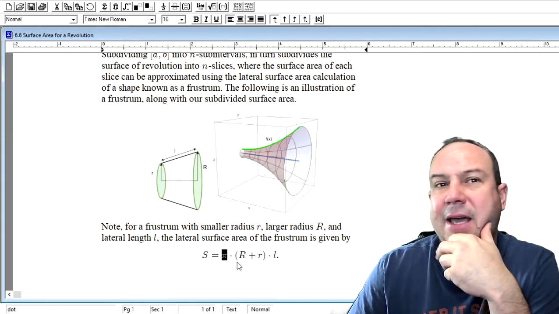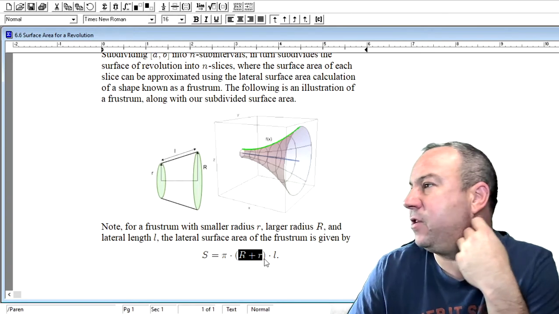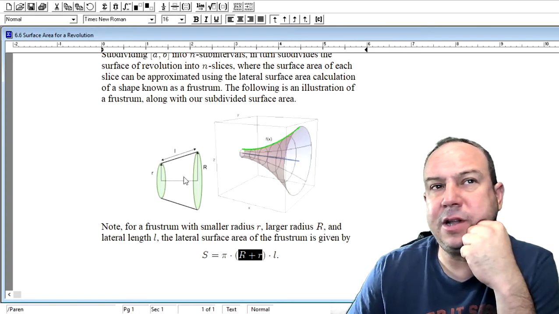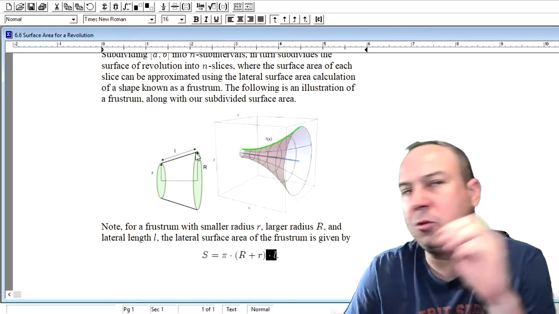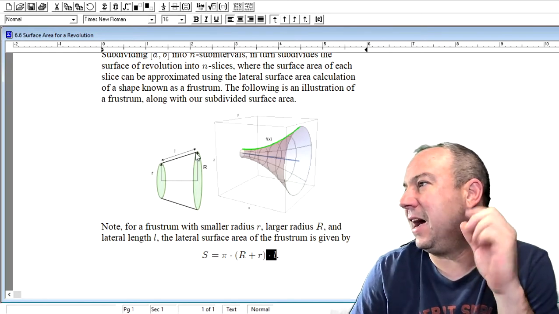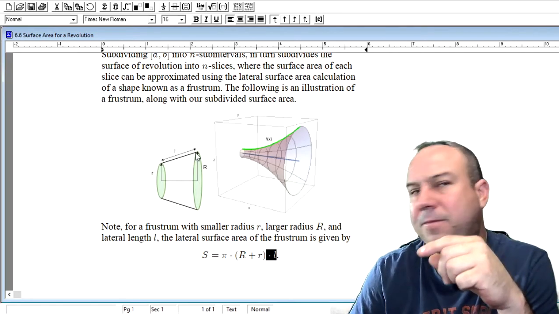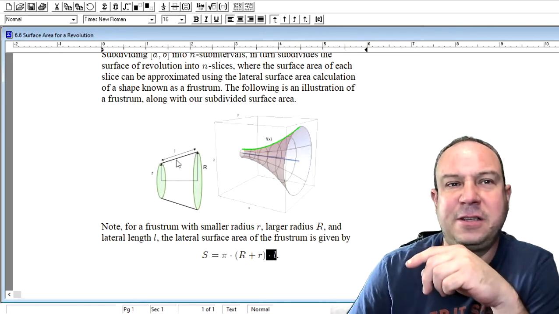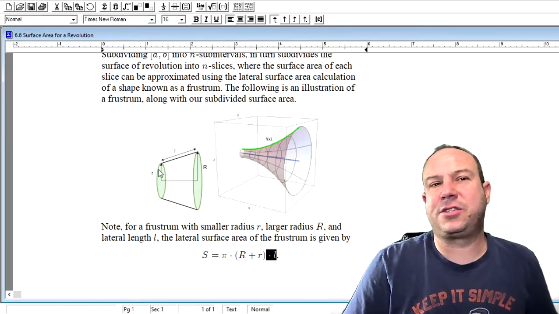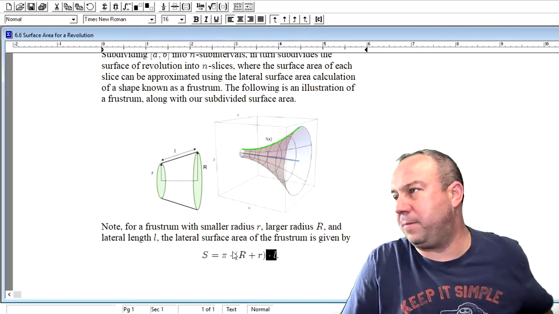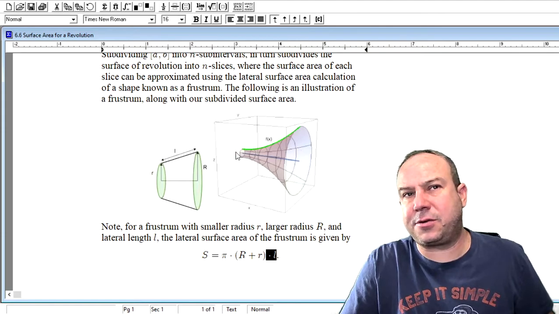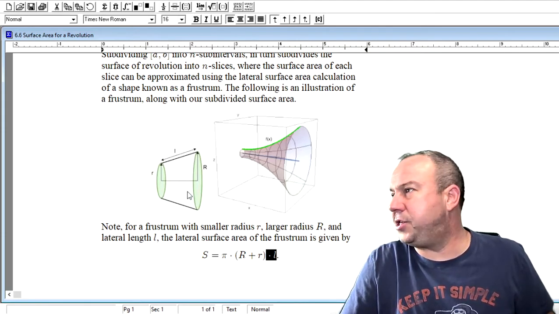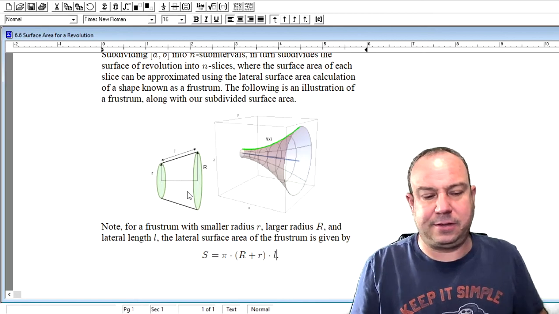It is going to be pi times the sum of the two radii, little r and big R, multiplied by the lateral length between little r and big R's circular edge on the cone. That will give me the surface area little s for this frustum. Well, each of these cross sections in my illustration illustrate this shape as a surface.